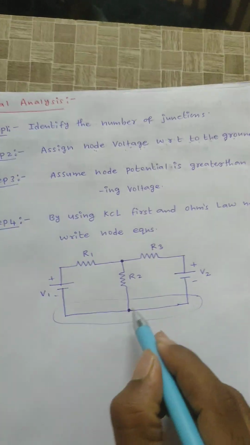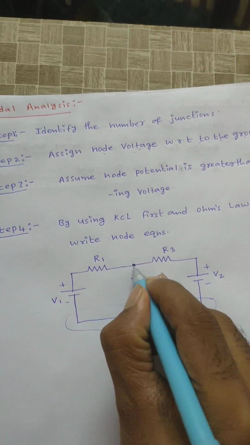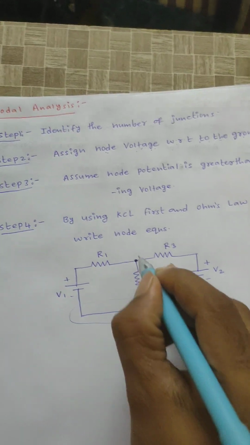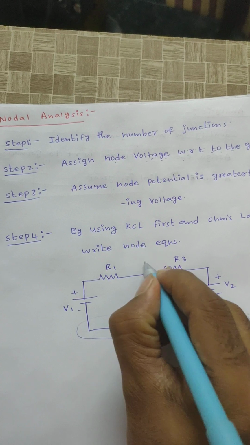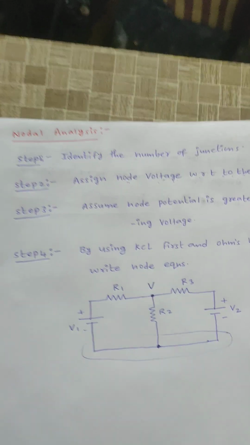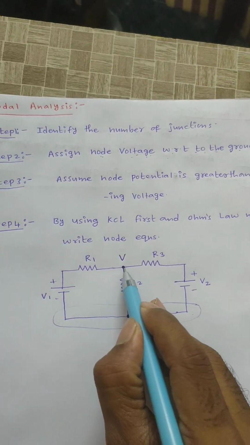So how many junctions are present? If I neglect this one, only one junction remains. I am assuming that junction potential will be V.